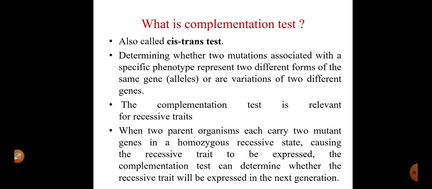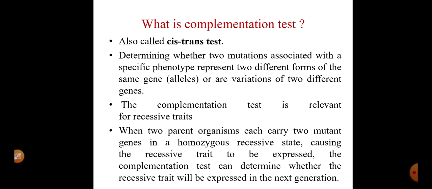And this complementation test is relevant to recessive traits. We are familiar with the monohybrid as well as the dihybrid cross, where dominant characters are expressed in the next generation.